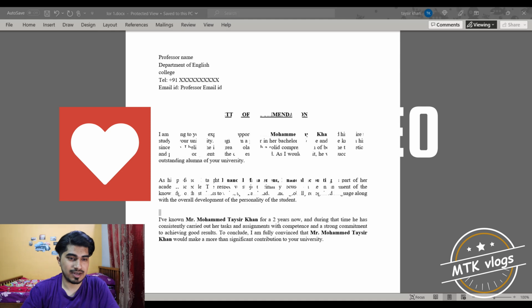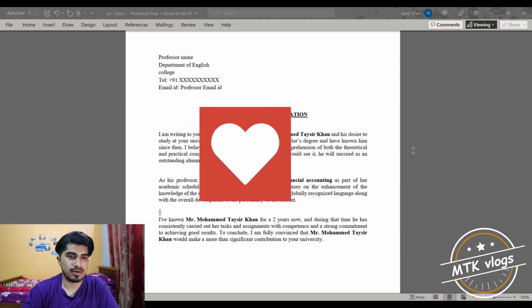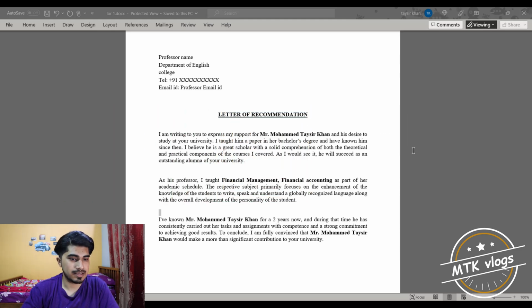As I was taught financial management, financial accounting, basically everything. And also I've been his student for the past 3 years, he's telling me. Yes, that's what he's trying to tell me.